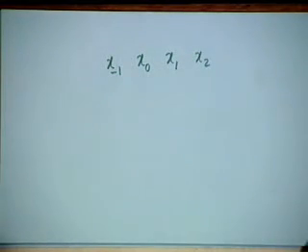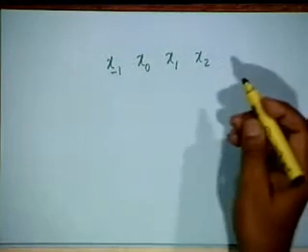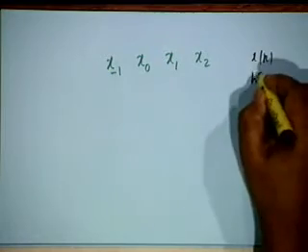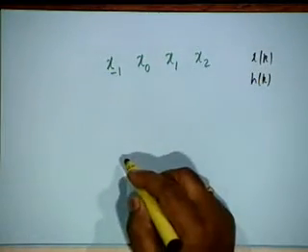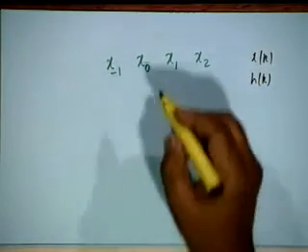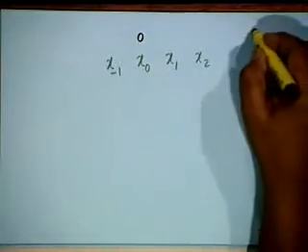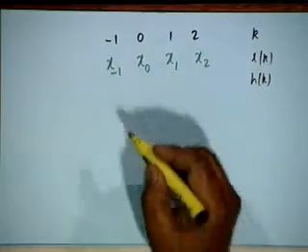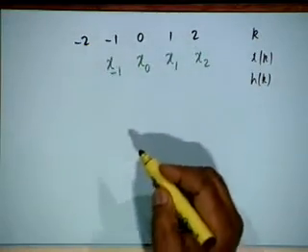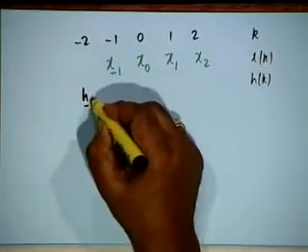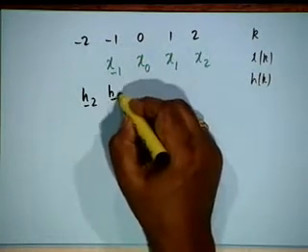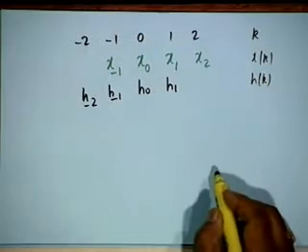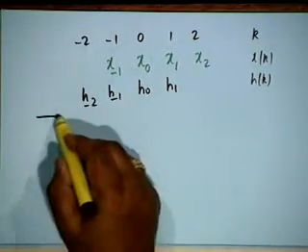This was our signal, and the h of k, this is x of k, you write h of k below this at the corresponding positions. This is my k equal to 0, 1, 2, minus 1, minus 2, and my h was h minus 2, h minus 1, h naught and h1. Okay? This is what it is.